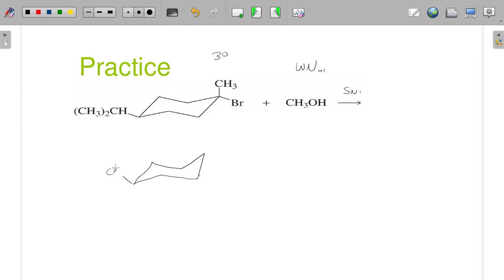I'm going to leave everything the same except that becomes a carbocation. Now, when we do something like this, we have to look: is there any chance that this thing rearranges? No, this is a tertiary carbocation, not allylic at all. So I know this alcohol is going to end up attached there. But since this becomes a carbocation, I can see that the CH3OH ends up on both sides. So I am going to see this stays the same.